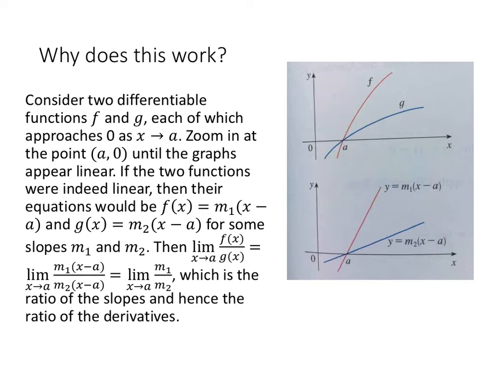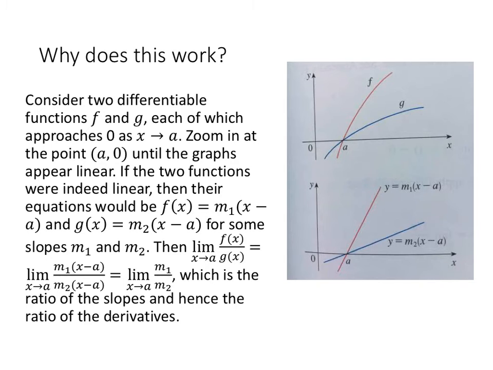Now, if you look at the graph on the bottom, that's the picture that you might see if you really zoomed in close to x equals a with the top graph. And notice that the blue graph, at least very close to x equals a, has the form y equals m2 times x minus a. The red graph is essentially m1 times x minus a.